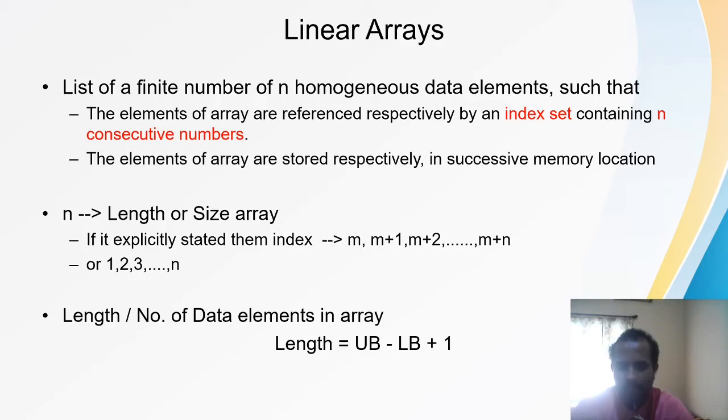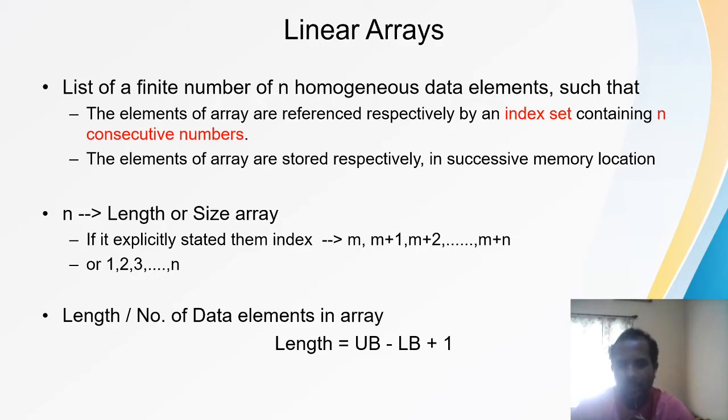Then ub is 10, lb, that is lower bound, will be 1. So let me apply the formula. ub, that is 10, minus 1 plus 1, it will give me the answer 10.